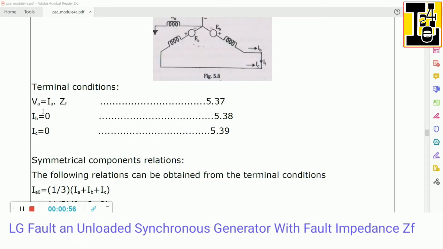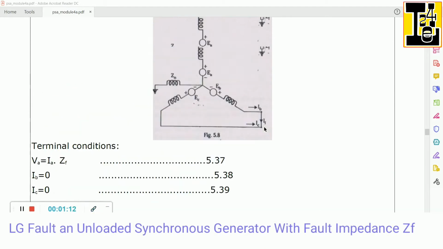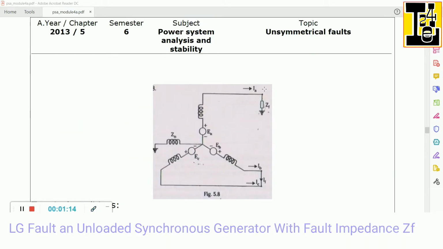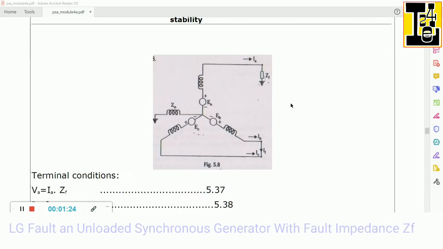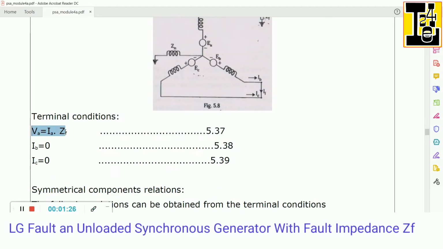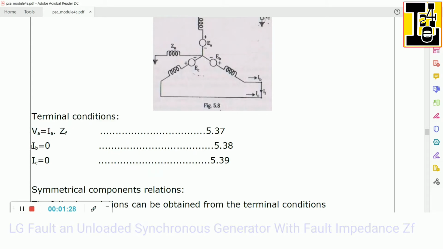Let us write the three terminal conditions. First one is VA equals IA into ZF. You can observe here, when the current IA flows through ZF, it will create a voltage drop VA equals IA into ZF, and hence VA equals IA ZF is the first terminal condition.